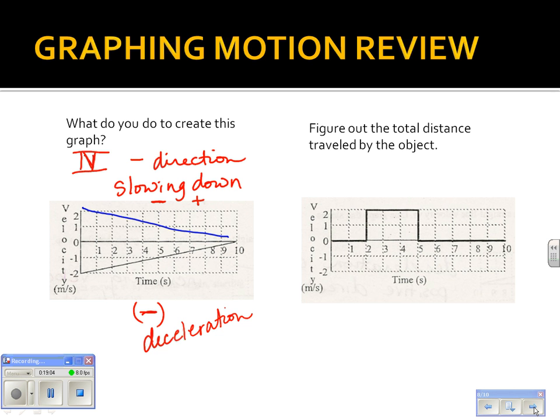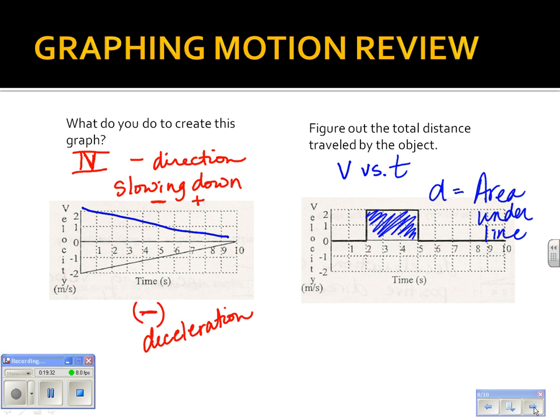Now figure out the total distance traveled by the object. Okay, remember to find distance on a velocity versus time graph, you have to do the area under the line. So we're going to solve for this area right here.